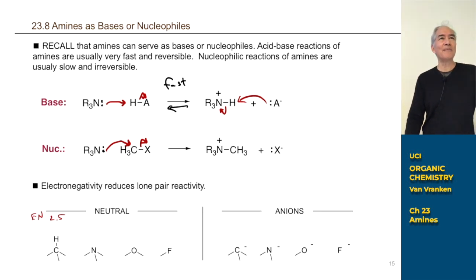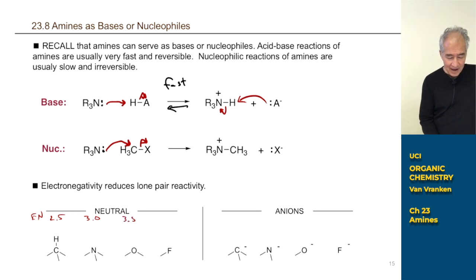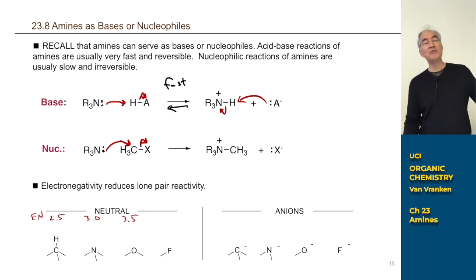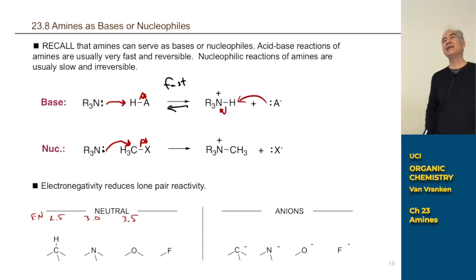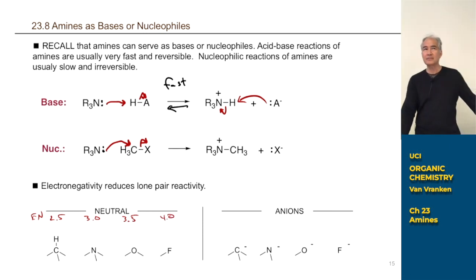I can't add two numbers together. And because I know that number, I can predict the electronegativity of nitrogen. It's 3.0. And I know the electronegativity of oxygen is 3.5. Can you guess what the electronegativity of fluorine is? I'll bet you couldn't guess in a million years. Yeah, it's 4.0. Yeah, that's right. And it's the most electronegative element in the periodic table.